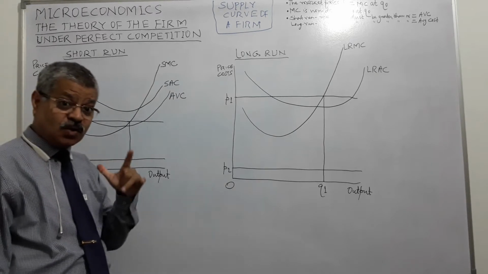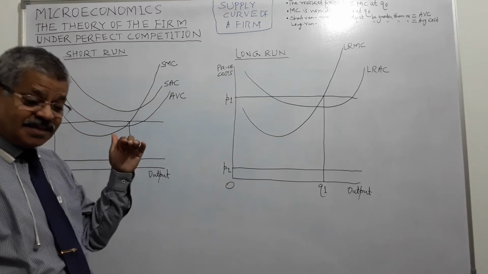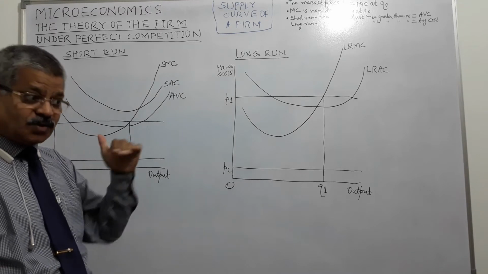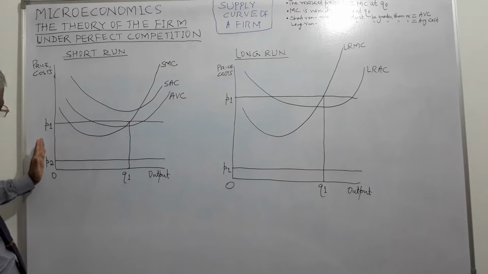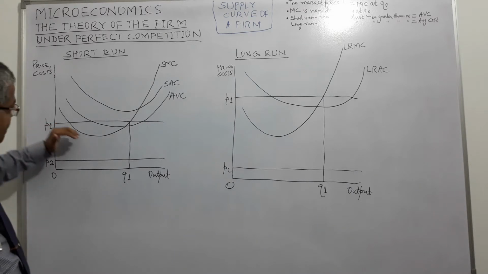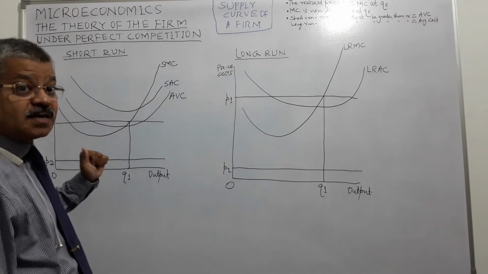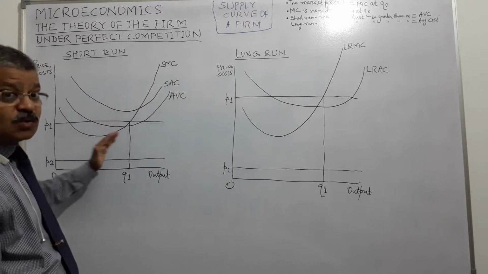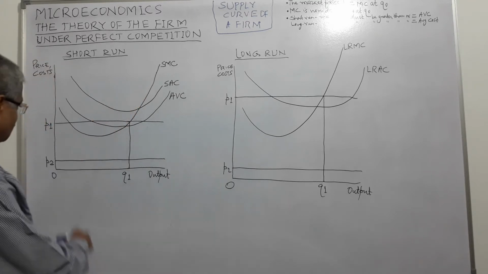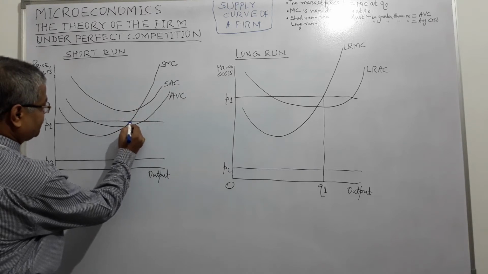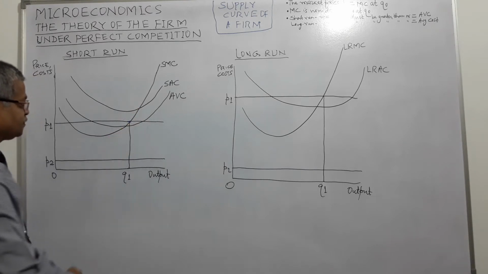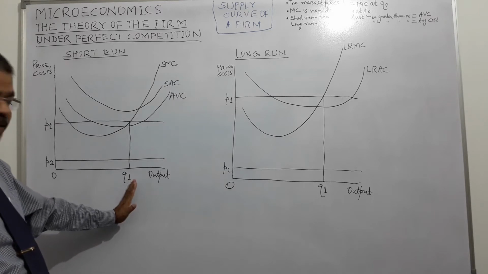Marginal cost should be non-decreasing, means either it should be constant flat or it should be increasing. So when we equate P1 with the rising part of the SMC curve, we get the output level here, at this point. So our output becomes Q1.